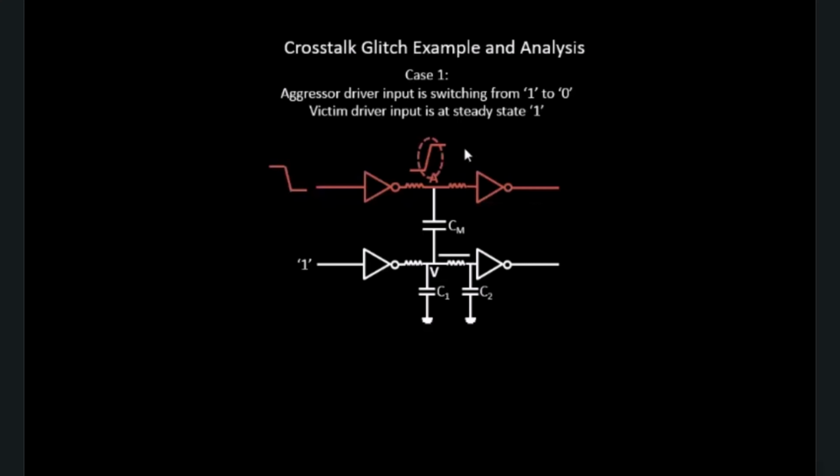Now what happens is, when this particular aggressor is switching from logic 1 to logic 0, it sees this capacitance. So consider this lateral capacitance that we have between this net and this net as, let's say, a bucket. It's a bucket, but it's leaky. It has a hole at its bottom. So this is a leaky bucket which is placed something like this.